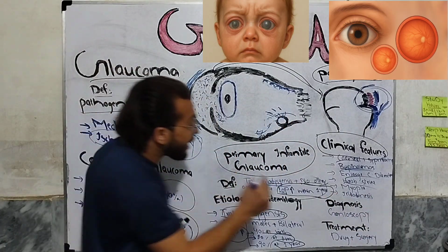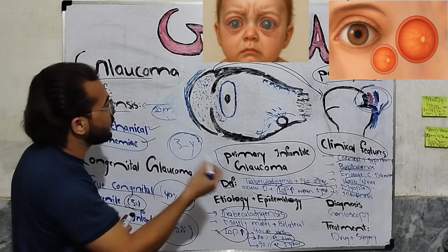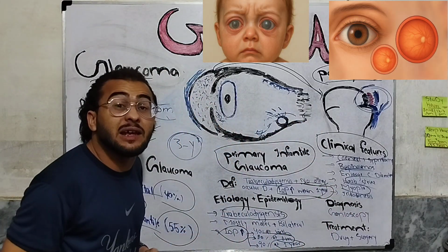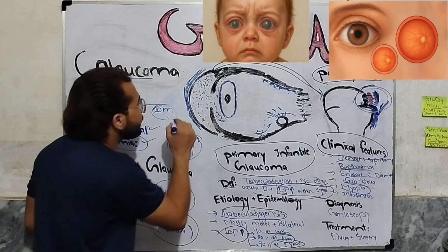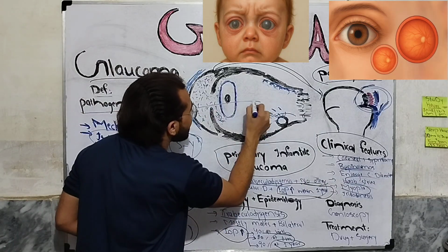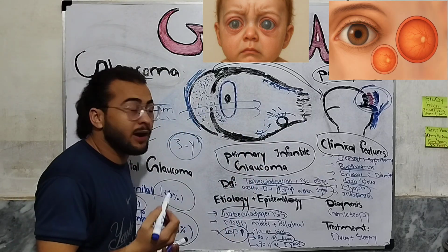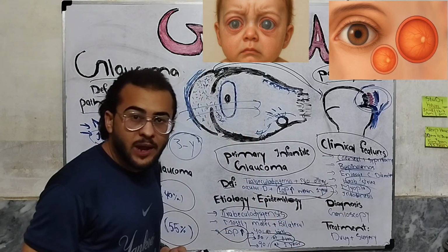And we will have myopia because of this increased intraocular pressure. As we know, the eyeball is abnormally enlarged, so because of this enlargement there will be myopia. The light rays cannot be focused on the retina because of the enlarged eyeball. This is called axial myopia.